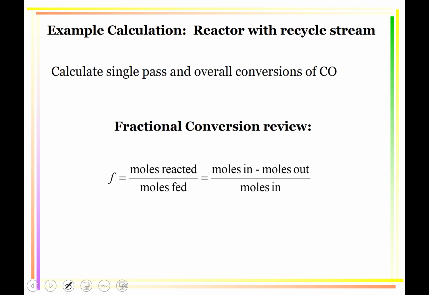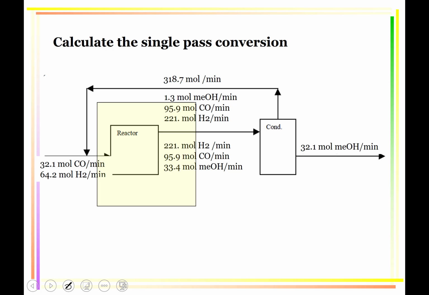So we can calculate now the single pass and overall conversion of carbon monoxide. And we know the equation is moles in minus moles out divided by moles in. Here we calculate the single pass conversion only around the reactor.